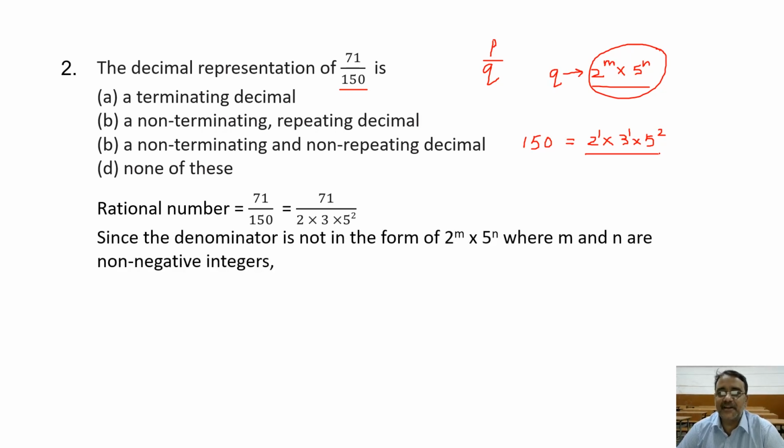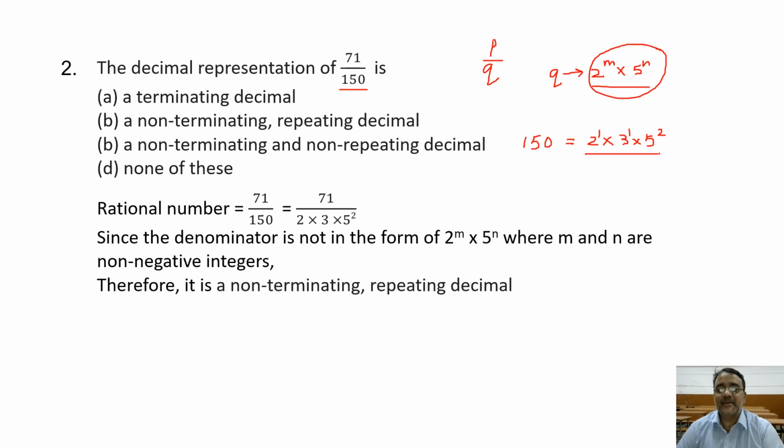So since the denominator is not in the form of 2 to the power m into 5 to the power n, where m and n are non-negative integers, therefore it is non-terminating repeating decimals. So the correct option is Option B. Option B, right.